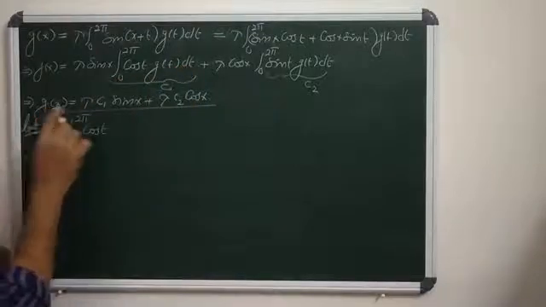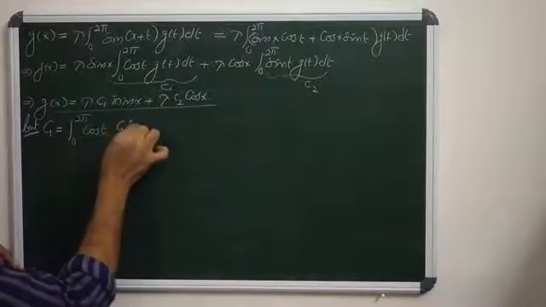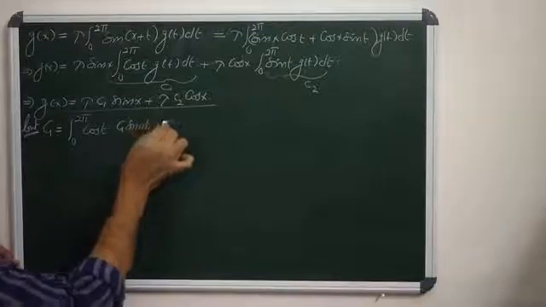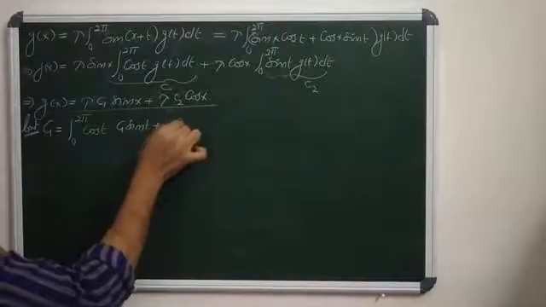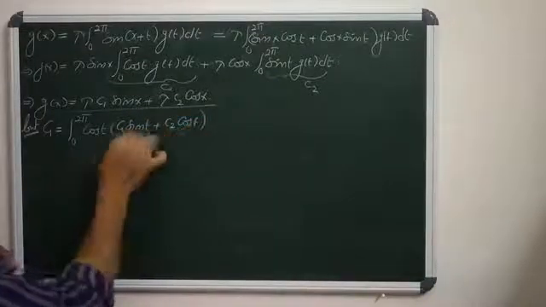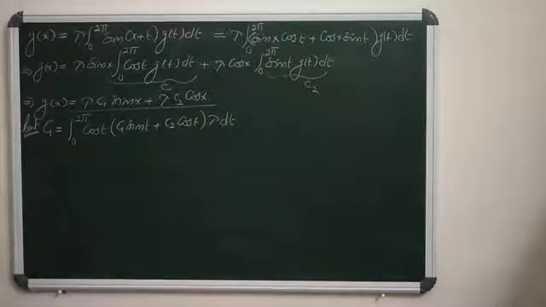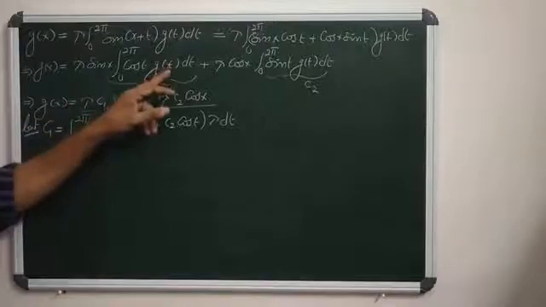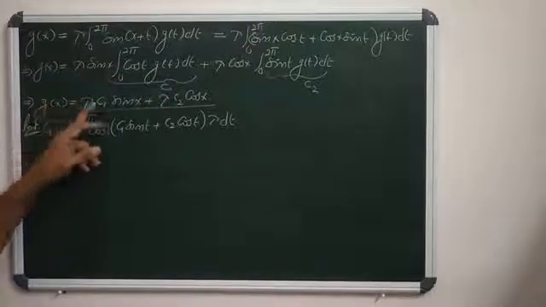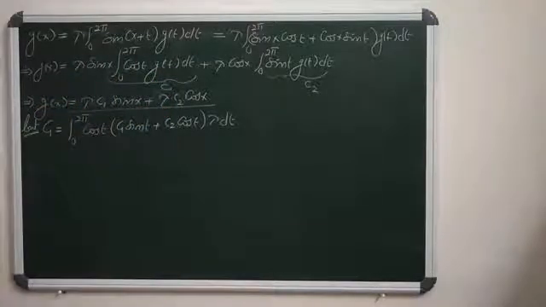What is g of t? It is lambda C1 sin t plus lambda C2 cos t. You can replace g of t from here.